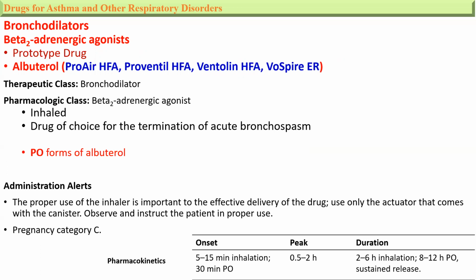It also prevents exercise-induced bronchospasm for 2 to 3 hours if inhaled 15 to 30 minutes prior to the exercise. So it should be taken about 15 to 30 minutes before anticipated exercise, and will last about 2 to 3 hours from the onset of action. It's a safe drug during pregnancy.